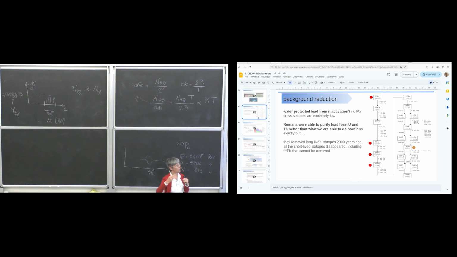When the Romans purified the lead, they really removed all the impurities. So they had pure lead with lead 210. But 22 years is a short time compared to 2,000 years.